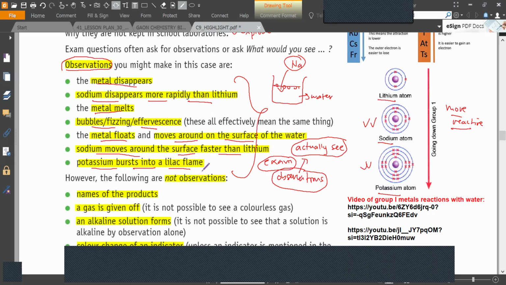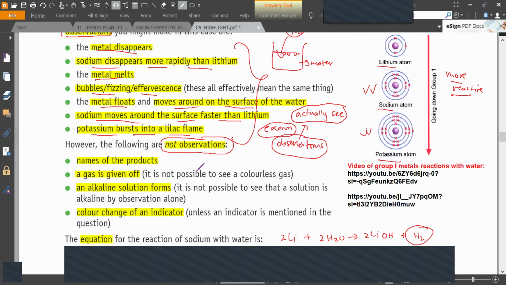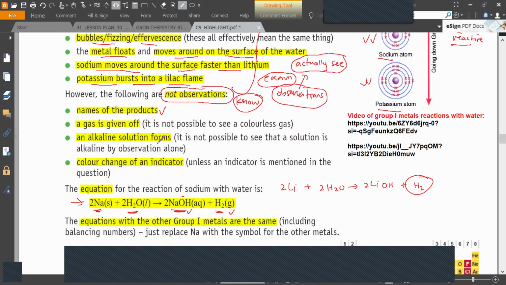These are the observations. What are the things that are not observations? Even though we know it happened, it's not an observation because we cannot see it, like the name of the products. For example, we cannot say the observation is hydrogen gas, because we cannot say that it's hydrogen.